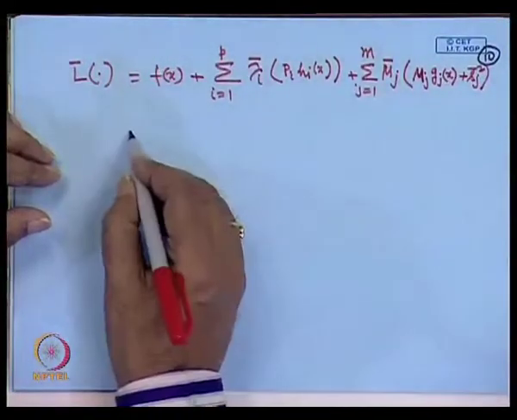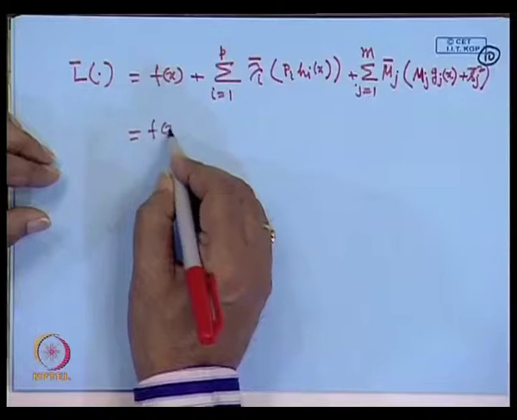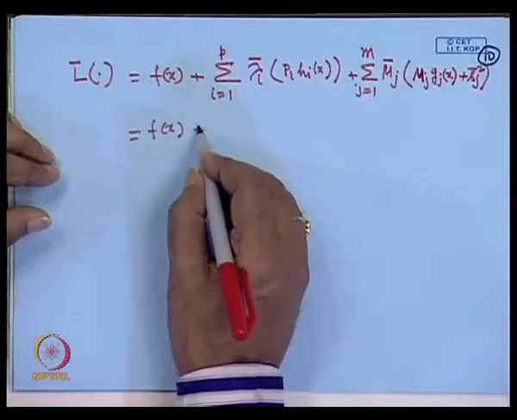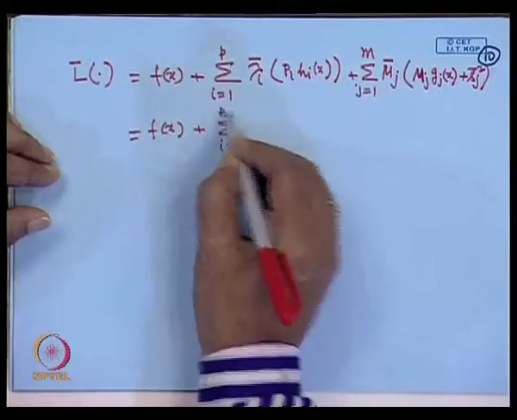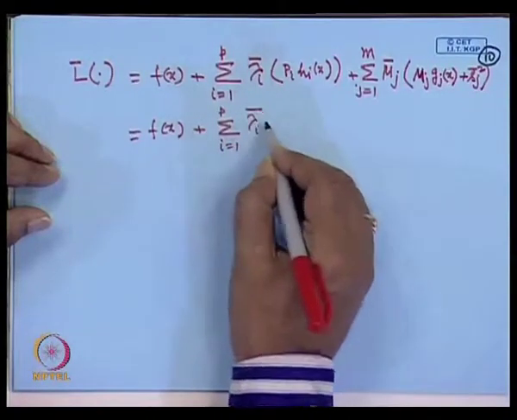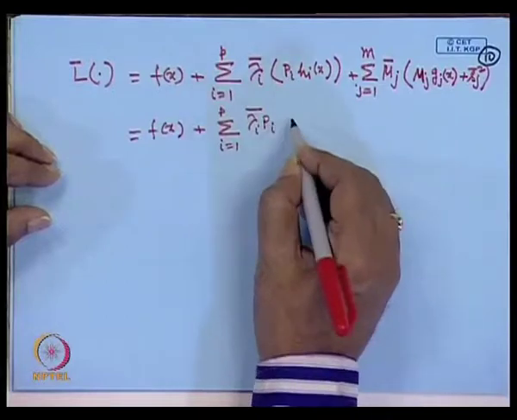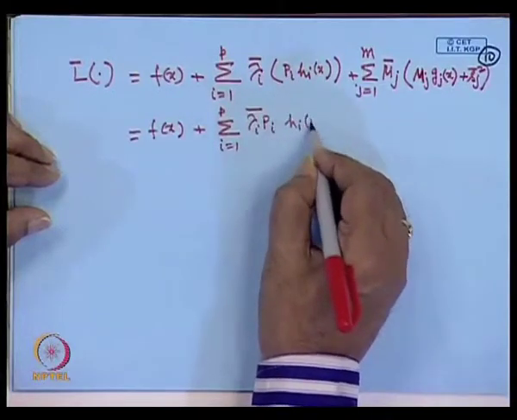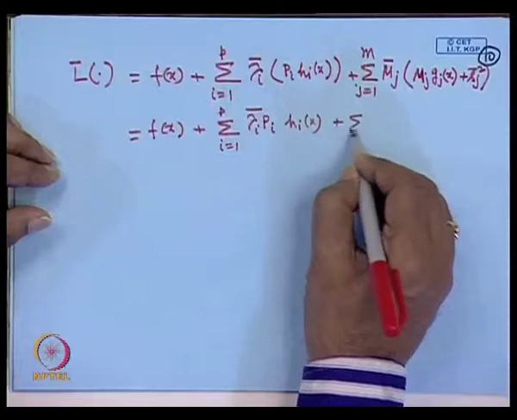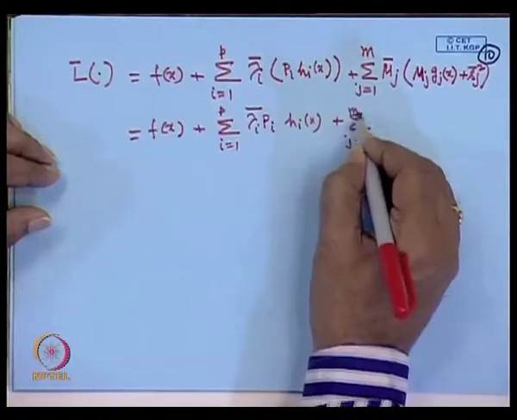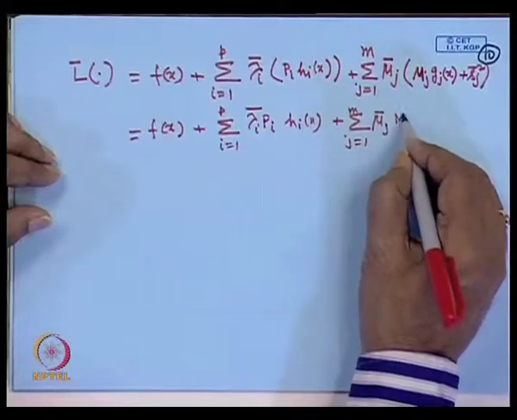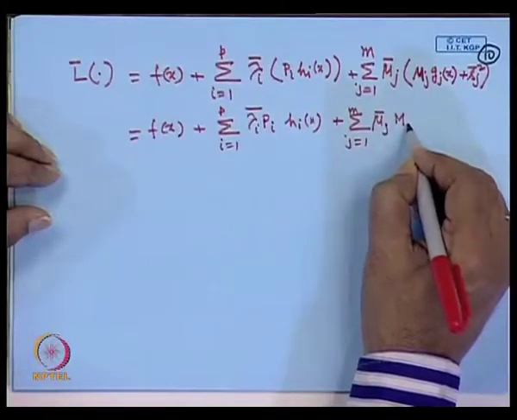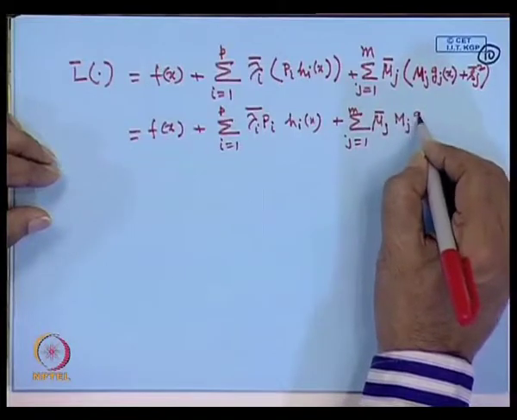Now let us see this one, what we can write. Summation of i equal to 1 to p, lambda_i bar p_i h_i of x, plus summation of j equal to 1 to m, mu_j bar m_j g_j of x.